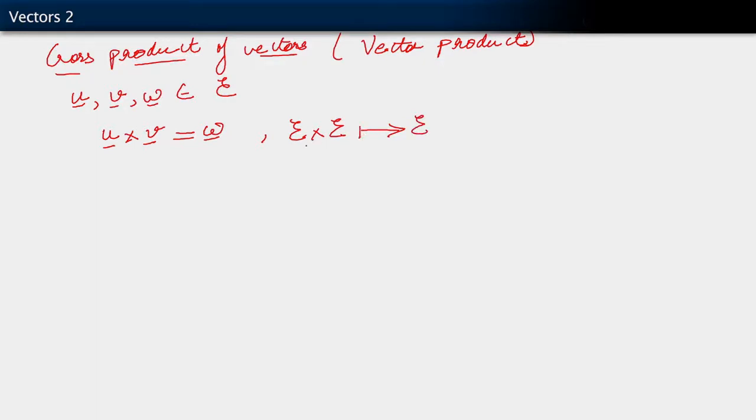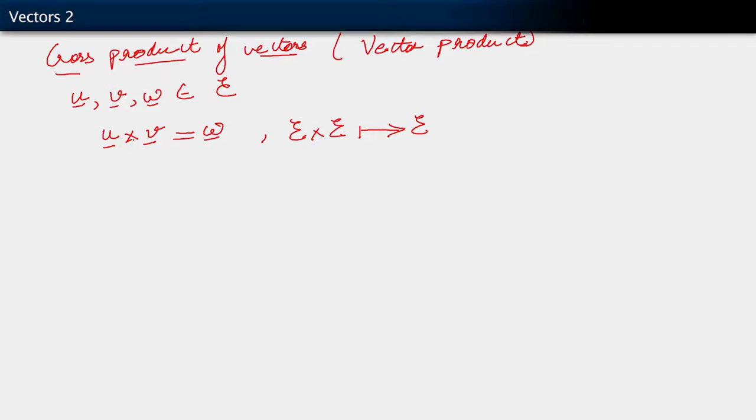So this is often read as E cross E mapping into E. Note that the cross we use here to talk about E cross E should not be confused with the actual cross product. This is just mathematical notation. So the cross that we use in E cross E does not refer to the cross product or the vector product. The cross that we use in u cross v does indeed refer to the cross product.